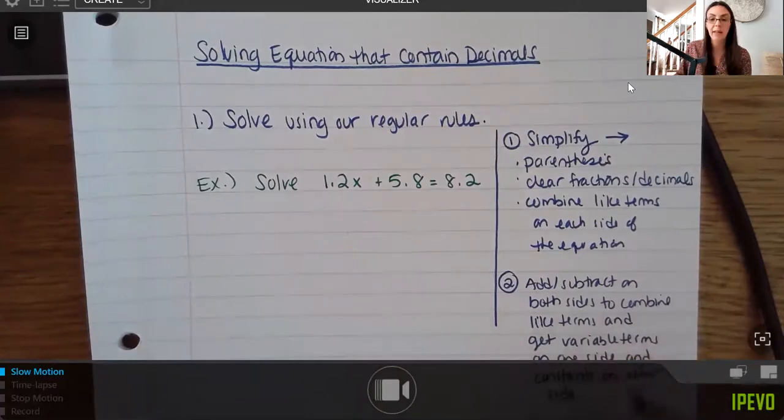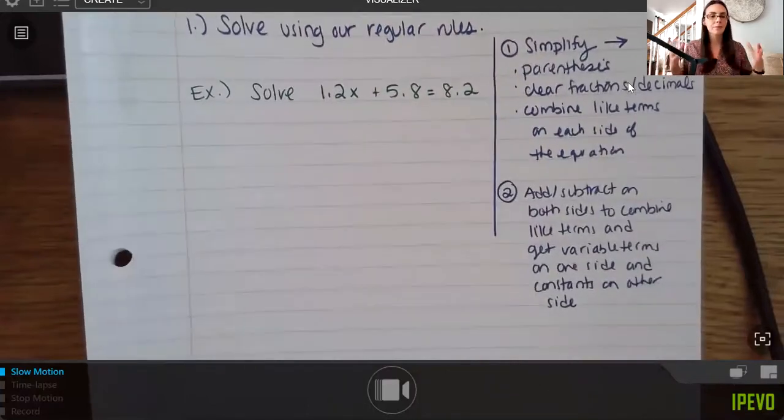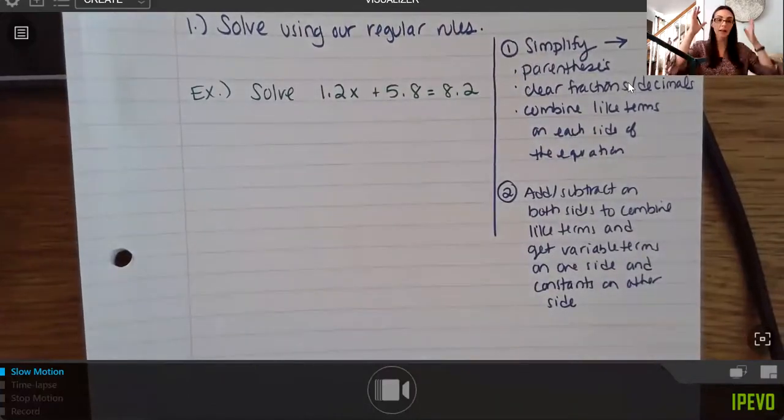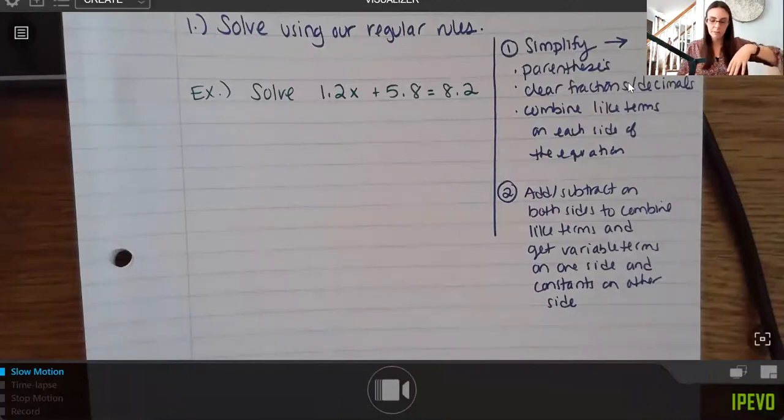And again, I'm just doing kind of like a quick recap here. So the steps may not be exactly as detailed as I wrote before, but you have the right idea. So simplify first, now start moving things around. So once you can't do anything else that's easy, you need to start rearranging.